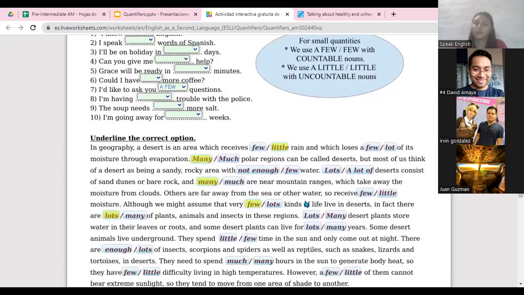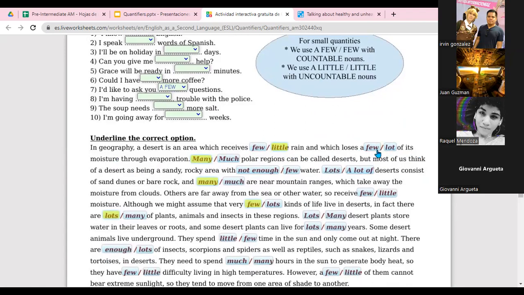Okay, so continue. In which loses a few of or a lot of its moisture? Raquel?